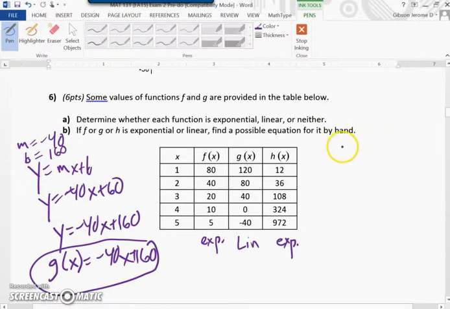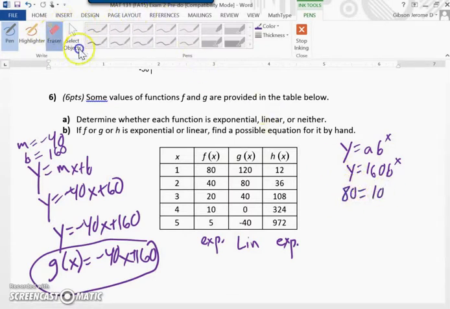Remember, our equation is y equals ab to the x. So now we will have y equals, a would be 160, b to the x. Now we're trying to find what b is equal to. We could just use one of the ordered pairs here. I probably would use 1 and 80 just to make it a little easier. So 80 would be our y, and 1 would be our x.